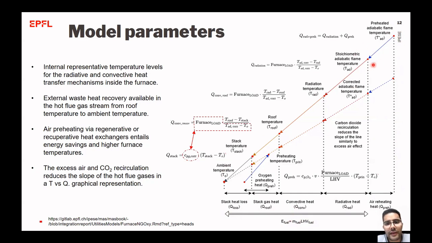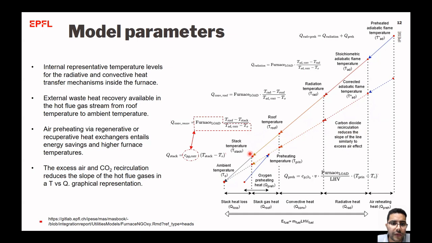You can also see that here, all of the temperature levels, the adiabatic temperature flame, the radiation temperature, the roof temperature, the stack temperature, and the environment temperature are shown. From this diagram, it's possible to see how much heat is available above the roof temperature, which is useful for heating my load in the combustion chamber.